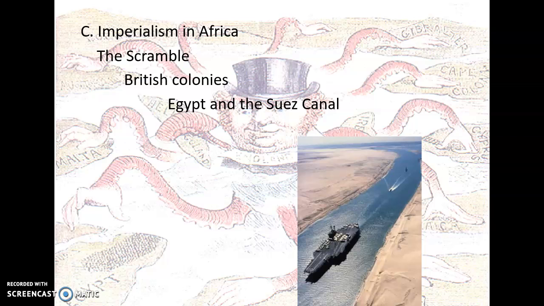The British gained control of Egypt, but more importantly, they gained control of the Suez Canal. The Suez Canal, of course, was the man-made water route between the Mediterranean Sea and the Red Sea. Now, ships could travel through those waters rather than having to go all the way around Africa to get to Asia.